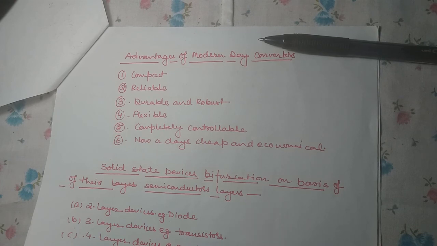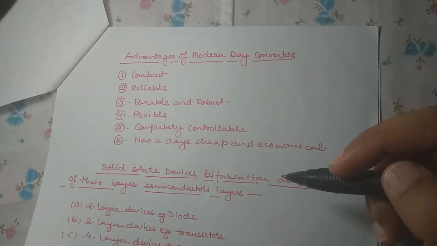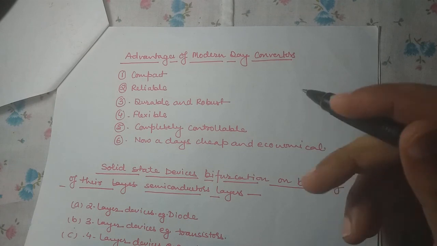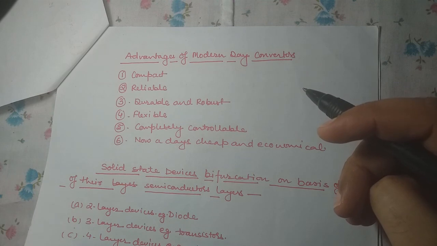Then, on the basis of their semiconductor layers and junctions, there are three-layer devices, those are the transistors. And another category is four-layer devices, that is thyristors.